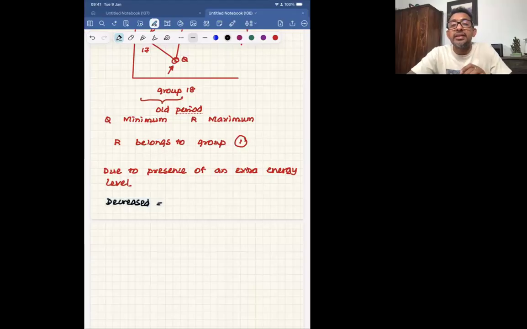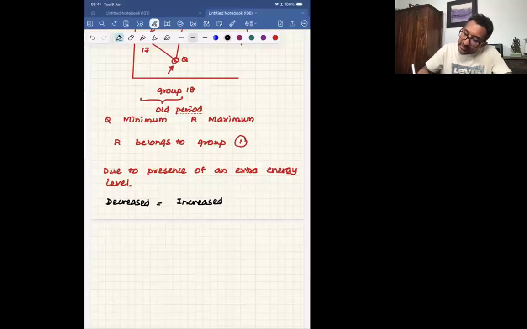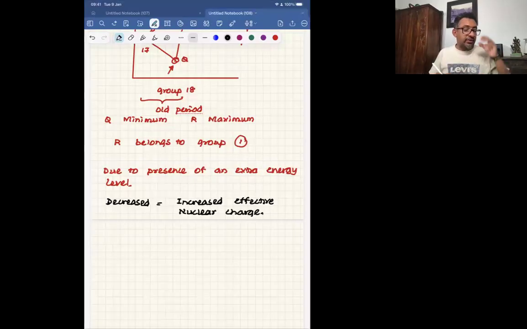Yeah, it decreases because of the increased effective nuclear charge. Increased effective nuclear charge.